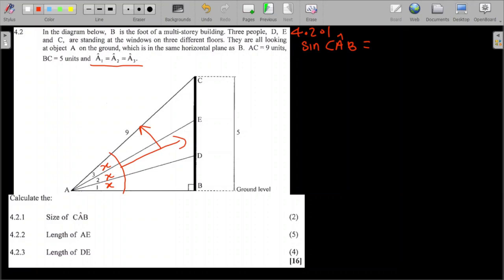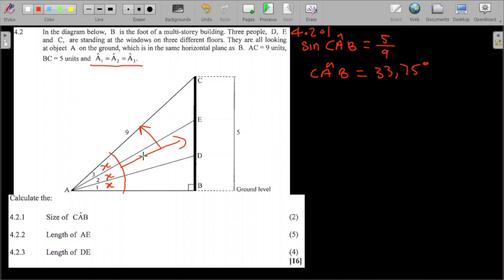So opposite, which is 5, all over the hypotenuse, 9. So CAB is going to be the inverse function of that, which gives us 33.75 degrees. So that's the angle CAB.